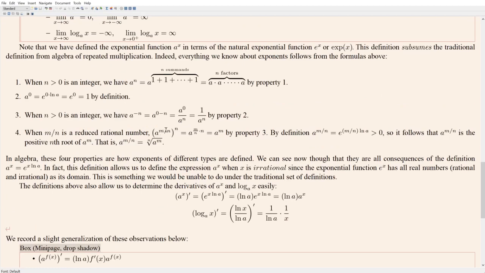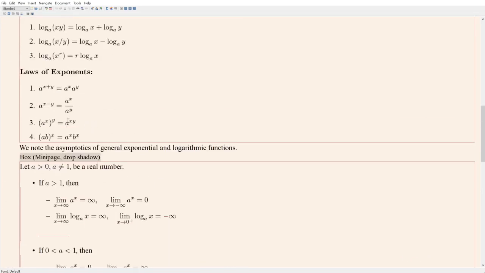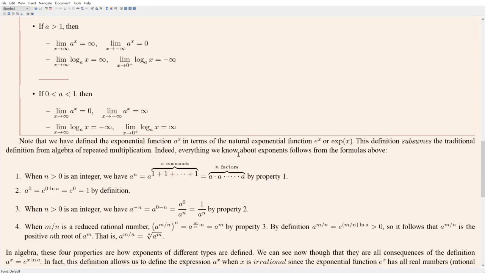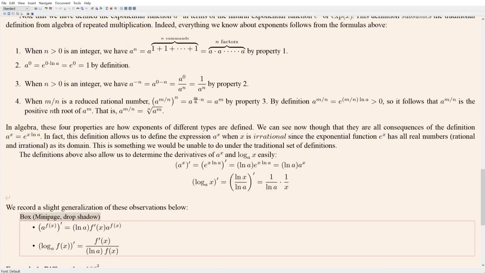So a to the m over n, if we raise this to the power n, then by this property, exponent raised to an exponent, we get multiplication. So m over n times n is just m. So a to the m over n is an nth root of a to the power m. Well, which nth root? Because we know that if n is even, then we have positive and negative roots.